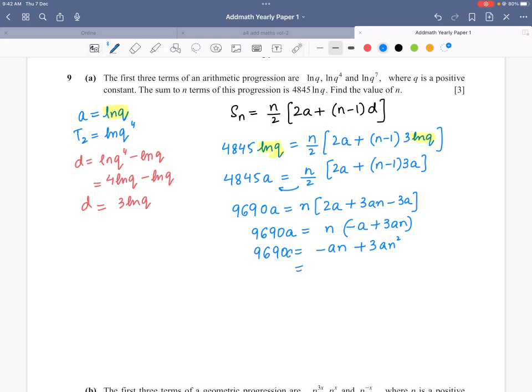If we take common a on the right side, it will be 3n square minus n equal to 9690a. And now we can cancel a on both sides. So the leftover part we have is 9690 is equal to 3n square minus n. Simplify it to 3n square minus n minus 9690 equal to 0. Now we can use a calculator to solve the quadratic equation here.